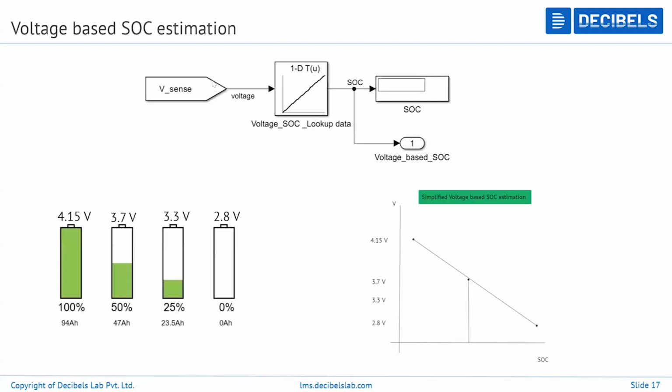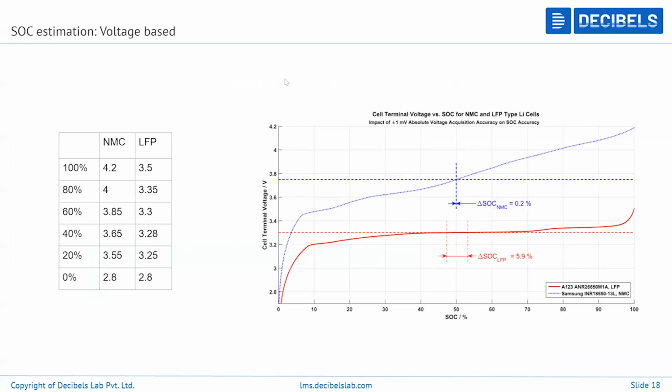One is voltage based and the other is Coulomb counting. These are the basics. Even in the present market, they are using voltage based, Coulomb counting, or hybrid. Hybrid means a combination of both.